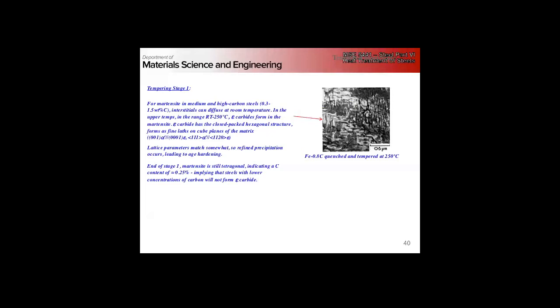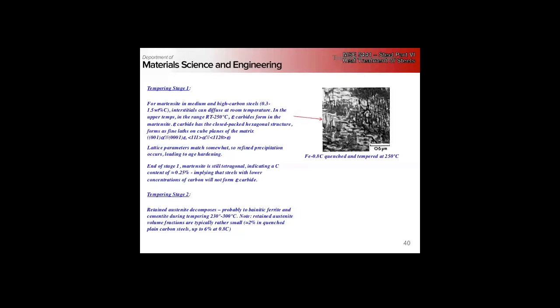structure. If our carbon concentration is too low, we won't form this epsilon carbide, and if our carbon concentration is too low, it's hard to get a fully martensitic structure in the first place. So in tempering stage 2, our tetragonal austenite decomposes, basically to bainitic BCC ferrite and cementite.